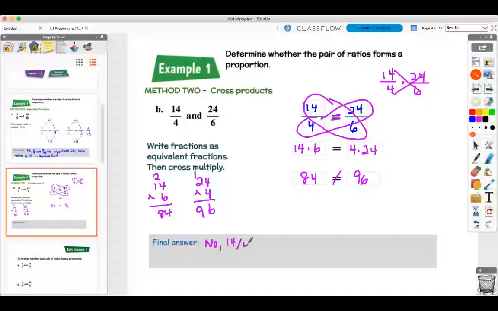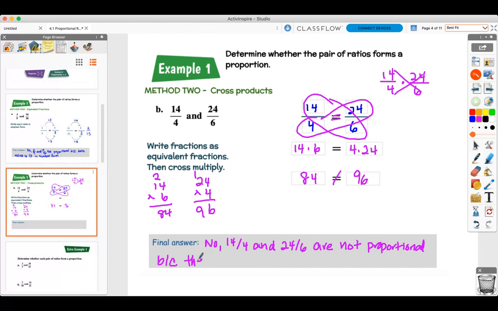14 over 4 and 24 over 6 are not proportional because their cross products are not equal.